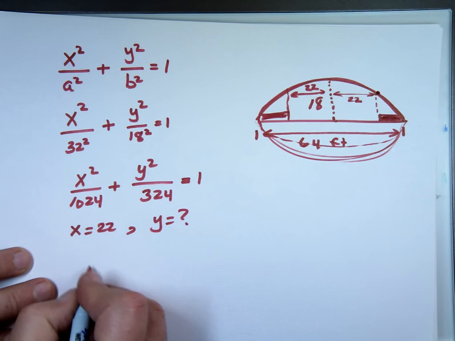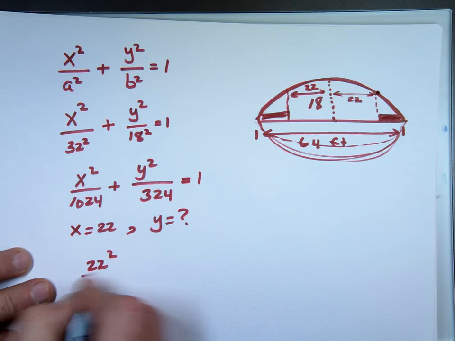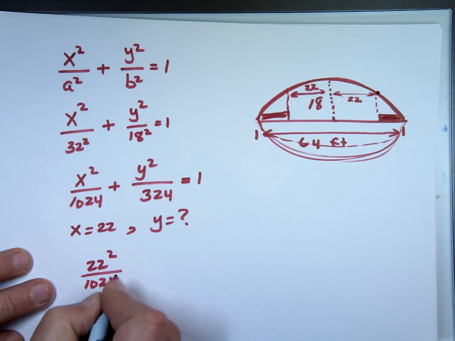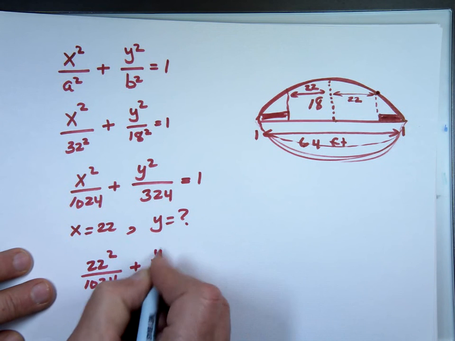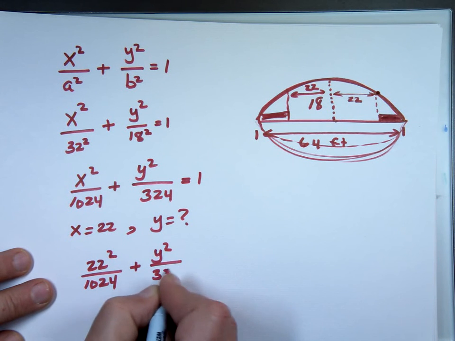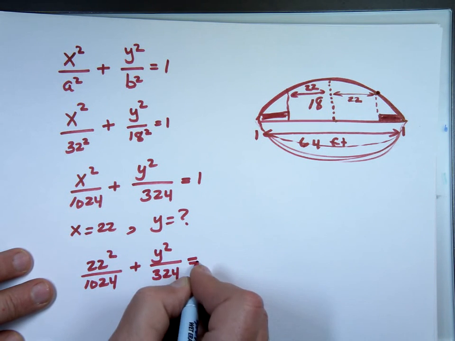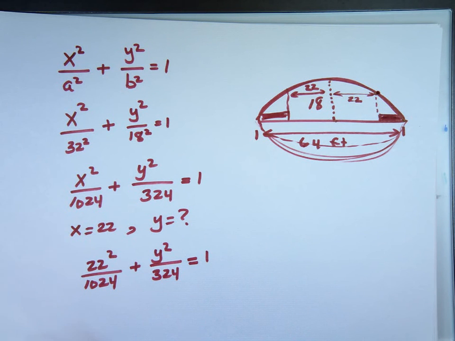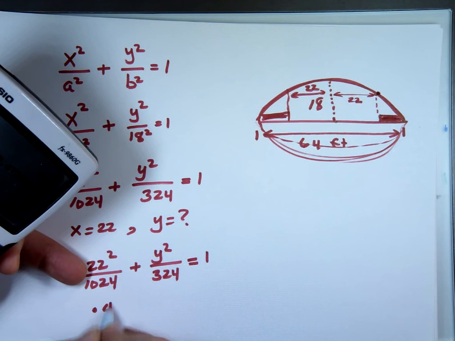22 squared over 1024 plus y squared over 324 should equal 1. What's 22 squared? 484 divided by 1024. This number is 0.473. I'm going to cheat, just use 0.473.